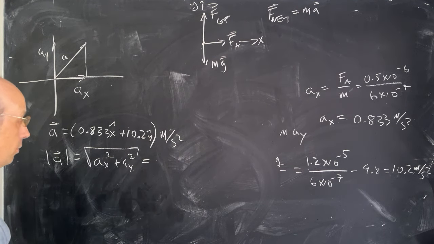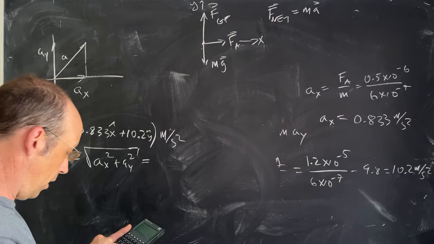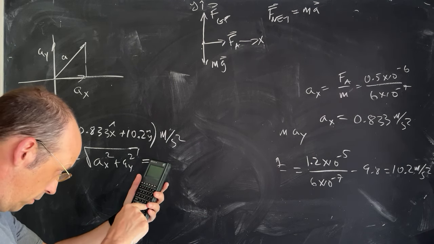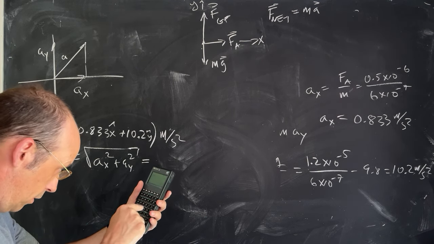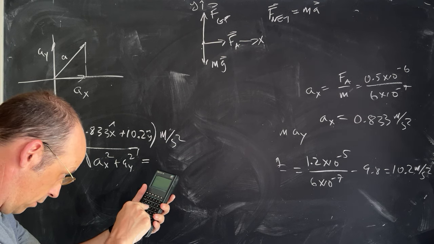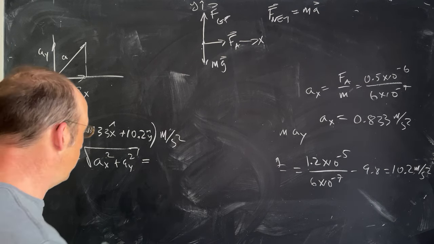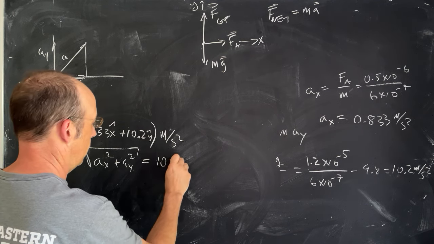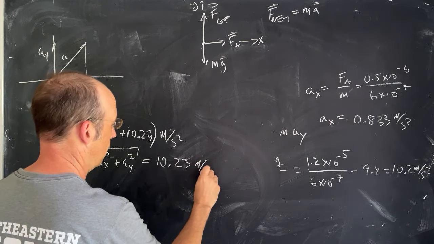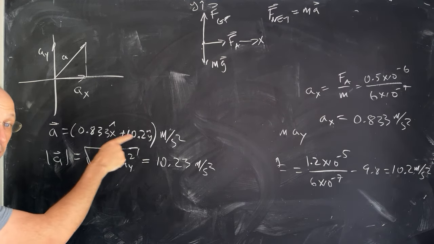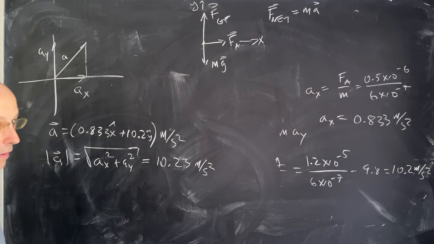So let's put that in my calculator, squared, plus, square root. And I get 10.23. And you'll notice it's very close to the y acceleration because this is very small, that's very big, so it's going to be closer to that value.